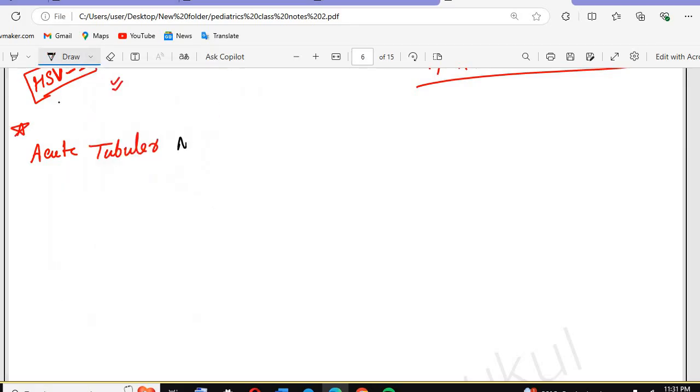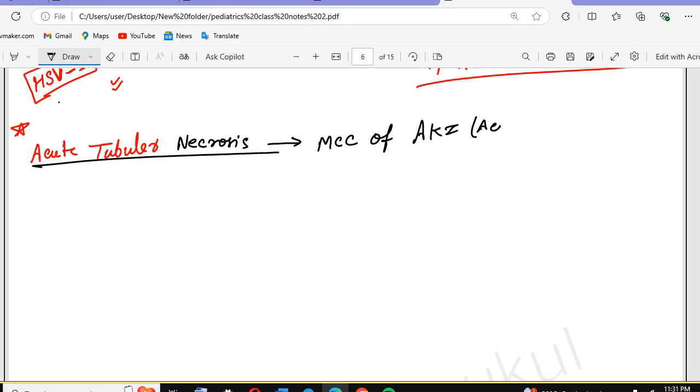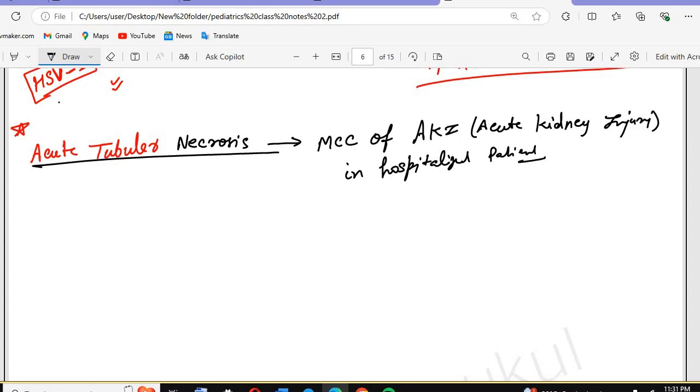Remember, acute tubular necrosis is the most common cause of acute kidney injury, AKI, in hospitalized patients. And usually it resolves spontaneously.